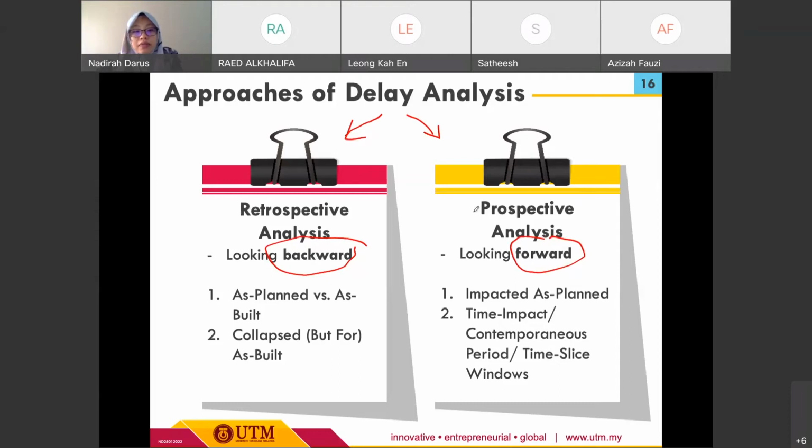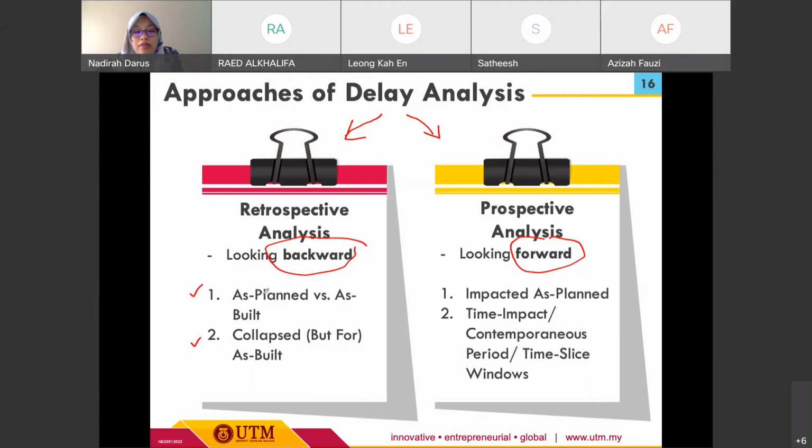So we basically have two different analysis categories or approaches, right? For each of these approaches, we have types for the delay analysis. For the first approach, we have as-planned versus as-built, and collapsed as-built.